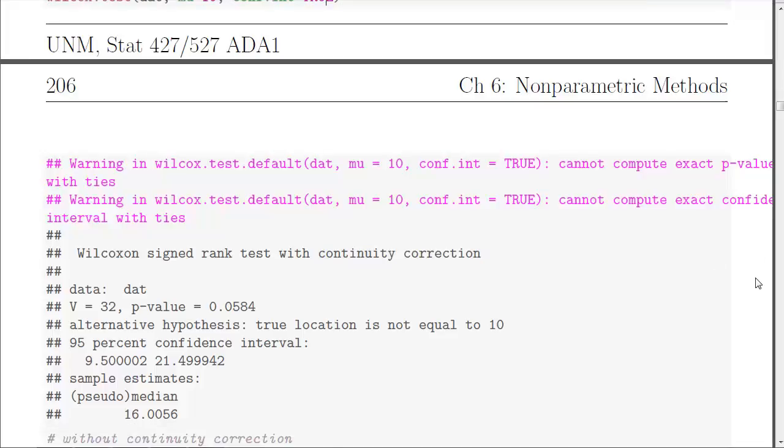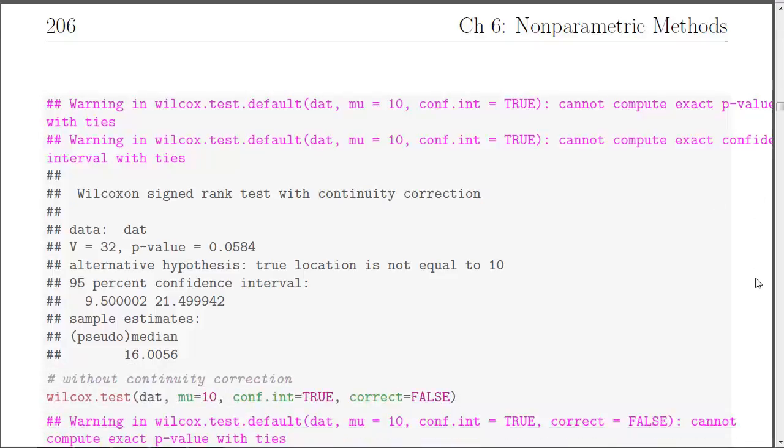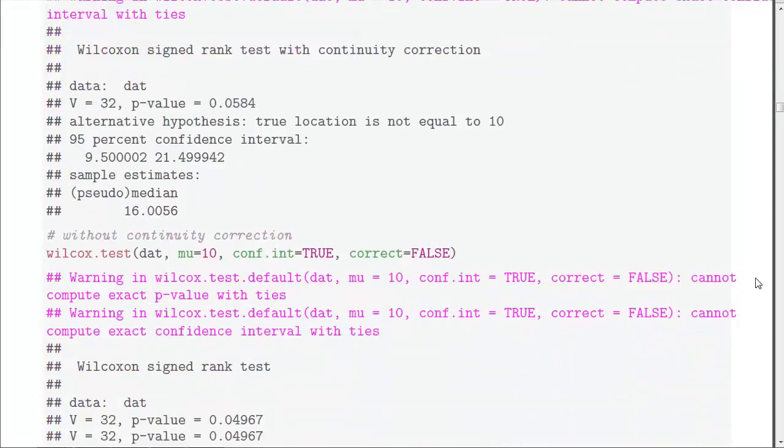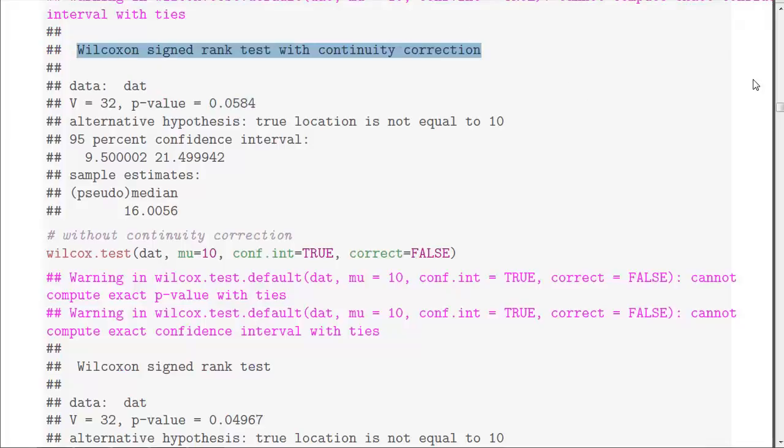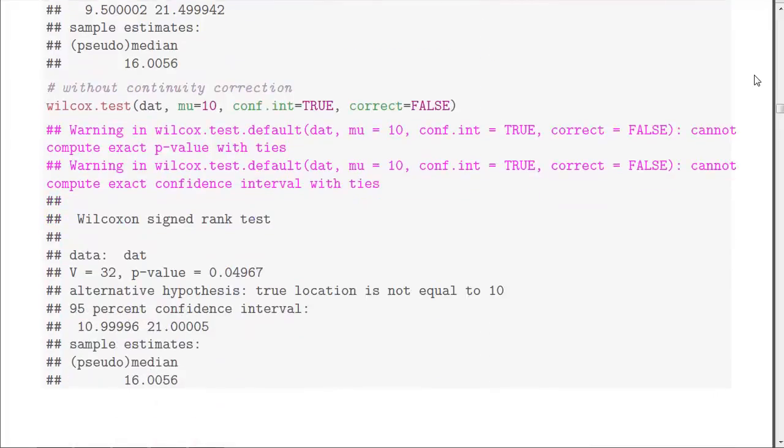And it may be the more conservative method. For example, the p-value is a little bit greater. I might go along with the Wilcoxon with the continuity correction in this case. If there were strong reasons to not use a continuity correction, then this was your conclusion.